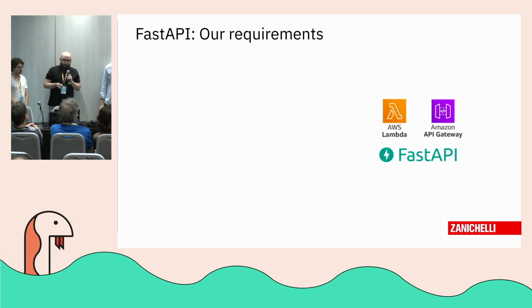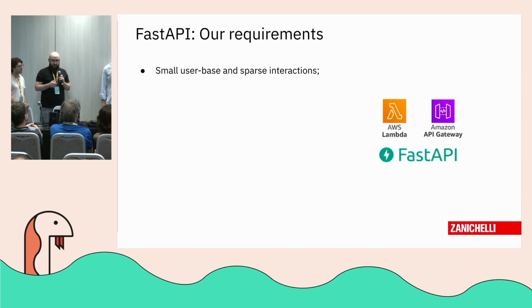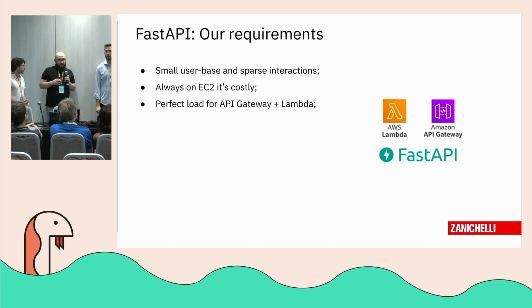So what about the API? We expected a maximum of 50 users with very sparse interaction. And the cost of an always-on EC2 instance was really not justified. So with a load like this, usually on AWS, you should opt for an API gateway plus Lambda functions to manage the calls.